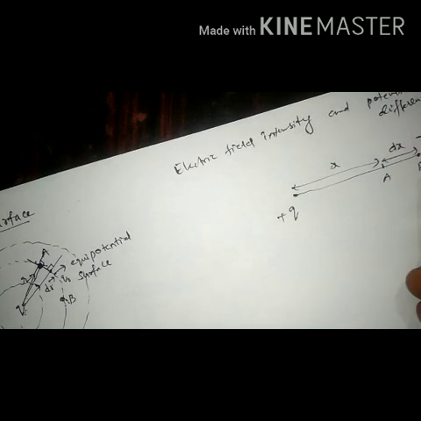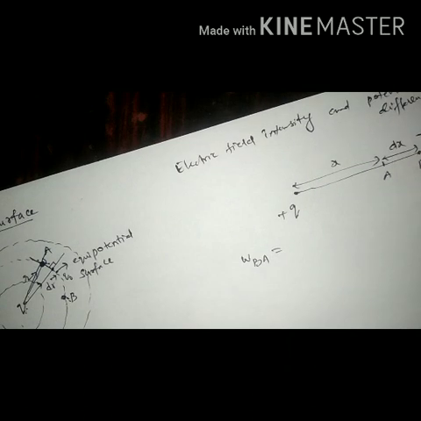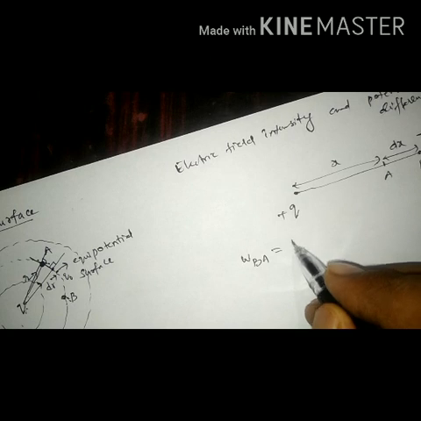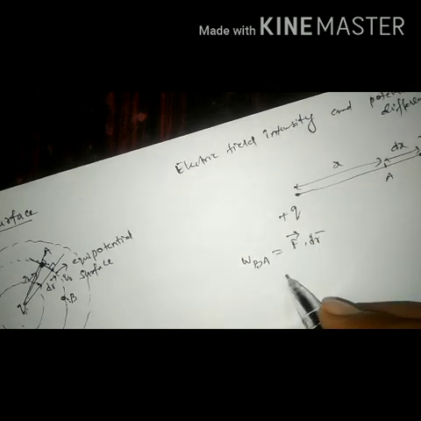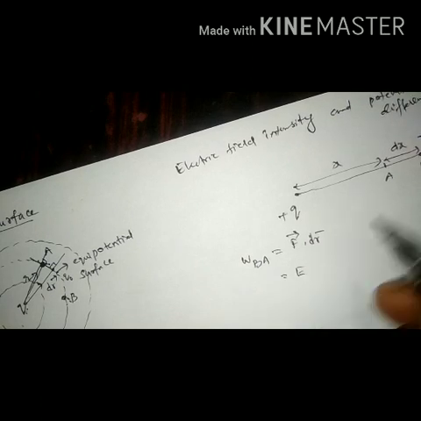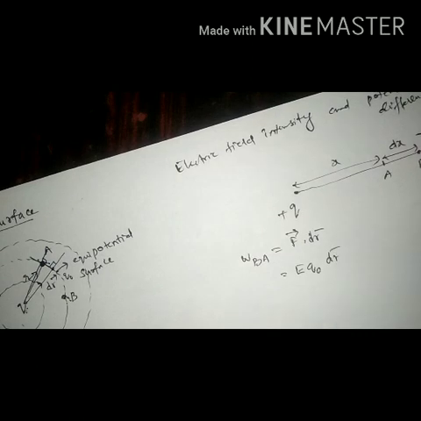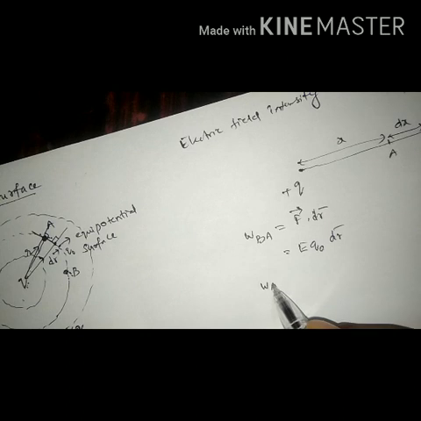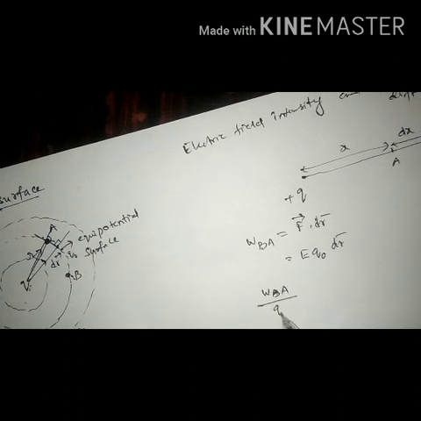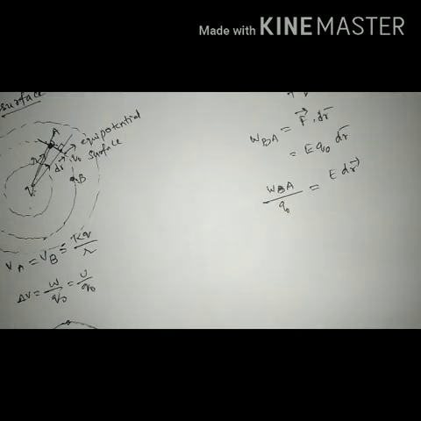What can we write? The work done in moving the charge from B to A is equal to force multiplied by displacement. Force is the electric field intensity E bar multiplied by Q naught, into dr bar. So the work done per unit charge is E into dr bar.